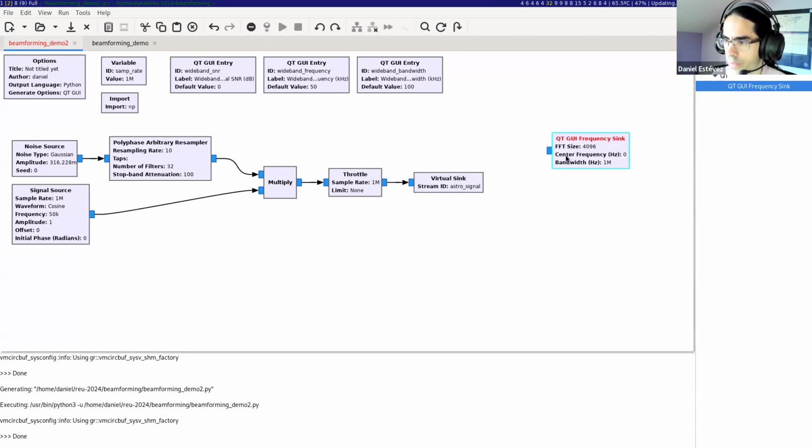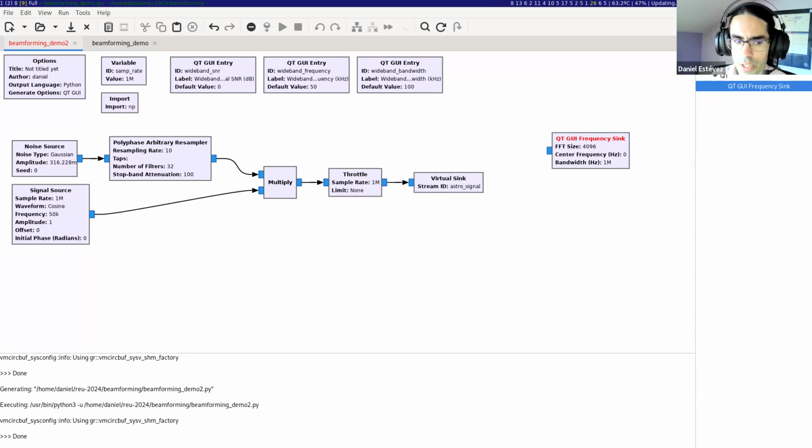And then the thing we want to do now is to pretend we have two antennas to receive the signal. And one thing that is going to happen is that when we receive a signal, we not only receive that particular signal, we also receive noise. We have seen many examples of that, in particular with the RTL-SDR dongle.